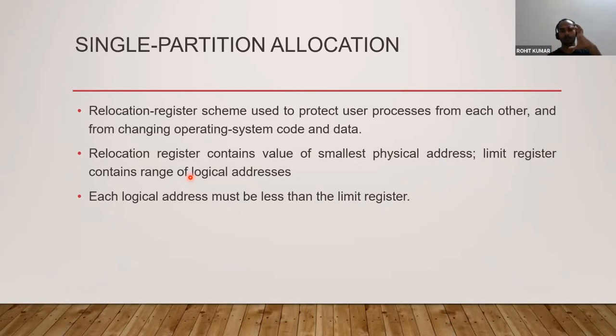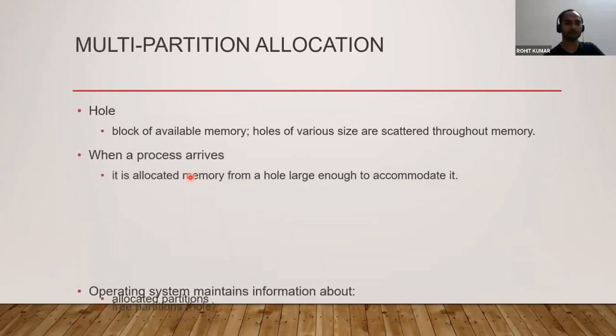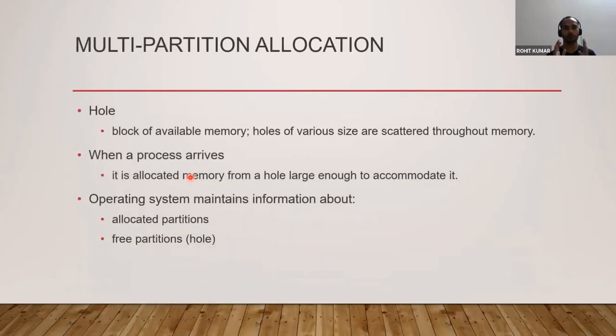Now in multi-partition allocation, you will divide this single allocation into multiple parts. So a single partition will get divided into multiple partitions. Here the concept of holes will come into the picture. Holes means earlier it was a single memory, now you have divided it into multiple memory locations.